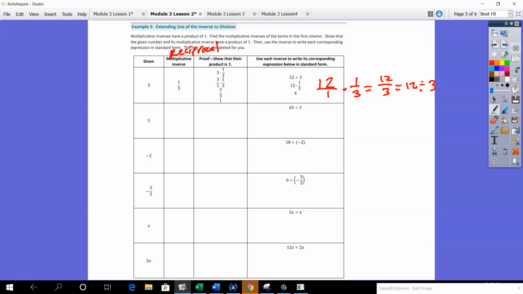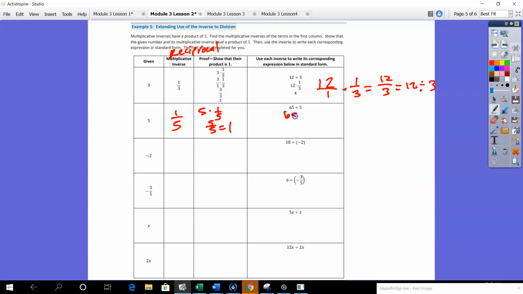Okay, so the reciprocal or the multiplicative inverse of 5 is 1/5. So 5 times 1/5 is 5 over 5, which is equal to 1.